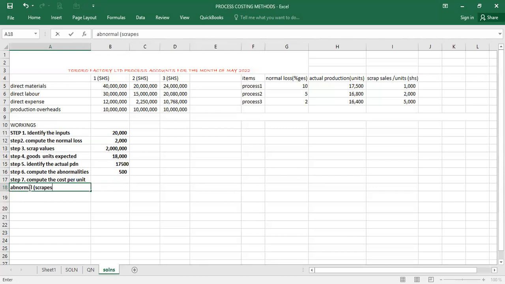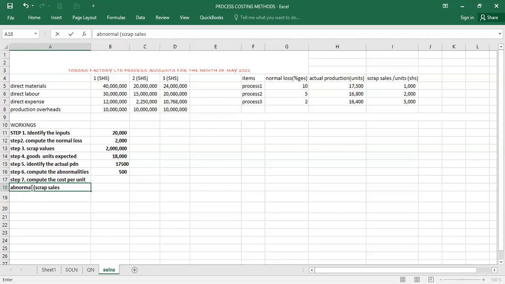But these scrap sales, they are different to the normal losses, because these abnormal losses are not catered for when we are determining the unit cost. We only determine the unit cost using the normal losses or the scrap sales that are coming from the normal losses.